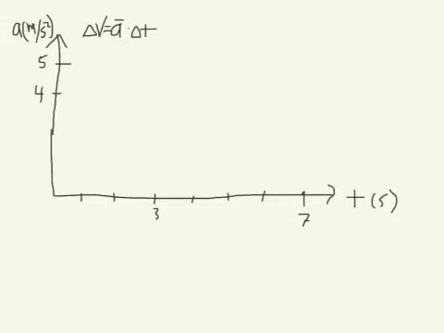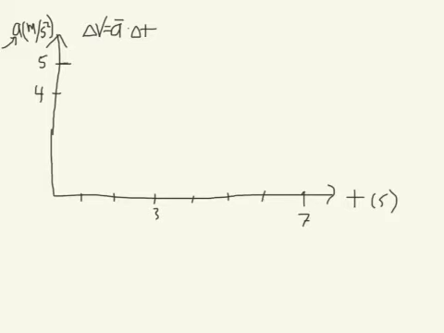But here is where it gets interesting. This is the point I was trying to get to, where we make a graph of the acceleration versus the time. So up here on the y-axis we have acceleration in units of meters per second squared, and on the x-axis we have time in units of seconds. Okay, so let's graph out our journey here.